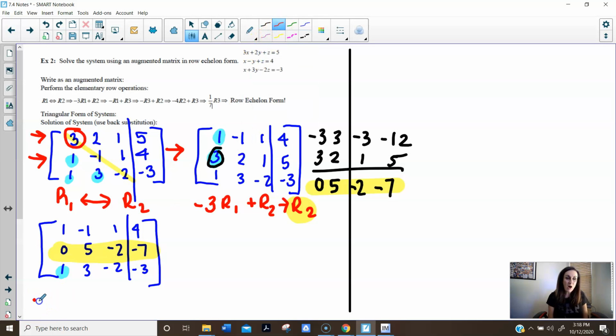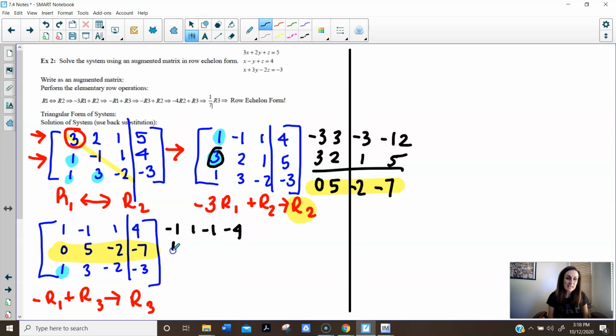So I'm going to take the opposite of row 1. I'm going to add it to row 3, and that's going to be my new row 3. So let's give it a try. So the opposite of row 1 would give me -1, +1, -1, -4.